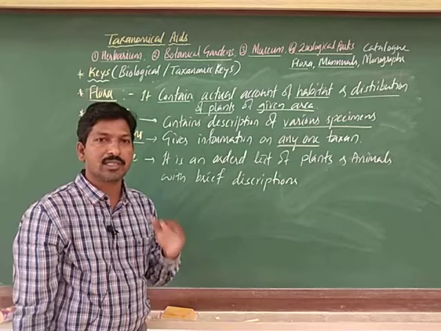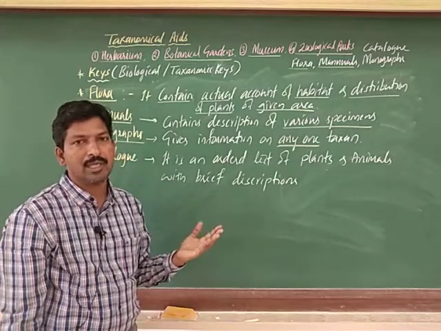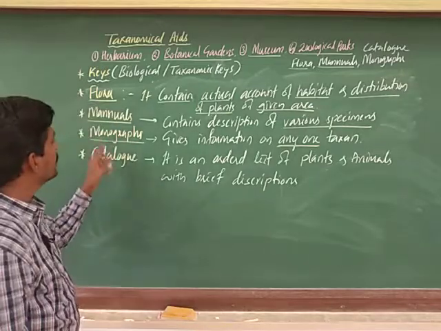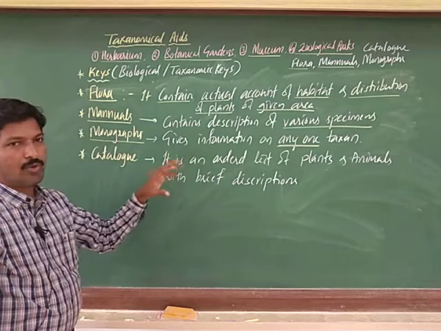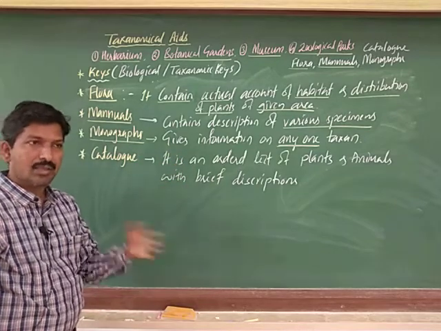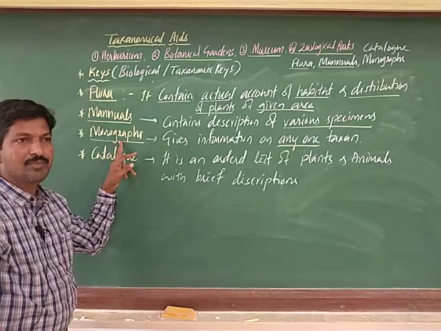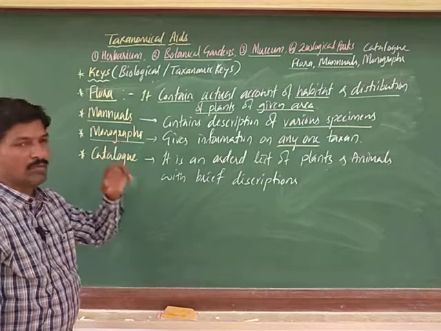One taxon means either species or genus, family, order or class, whatever. Okay, one taxon is considered in a monograph. Different monographs will be there. So, if you want to identify the class, you go for the class monograph. If you want to identify the species of that plant, you select the species monograph, like that.